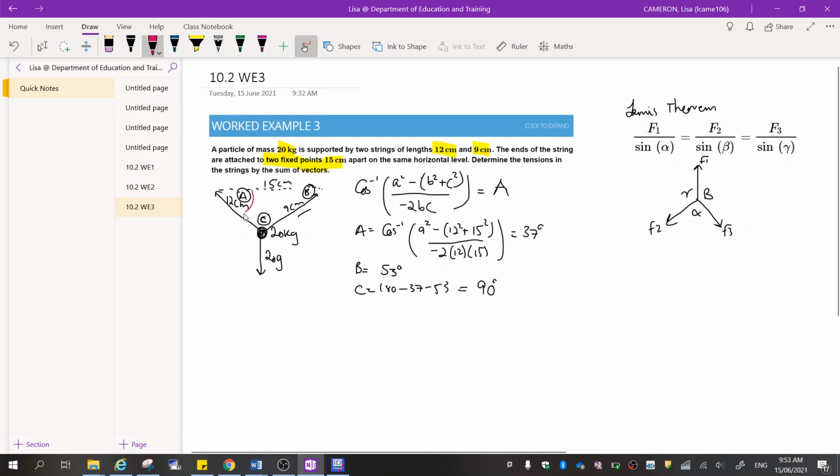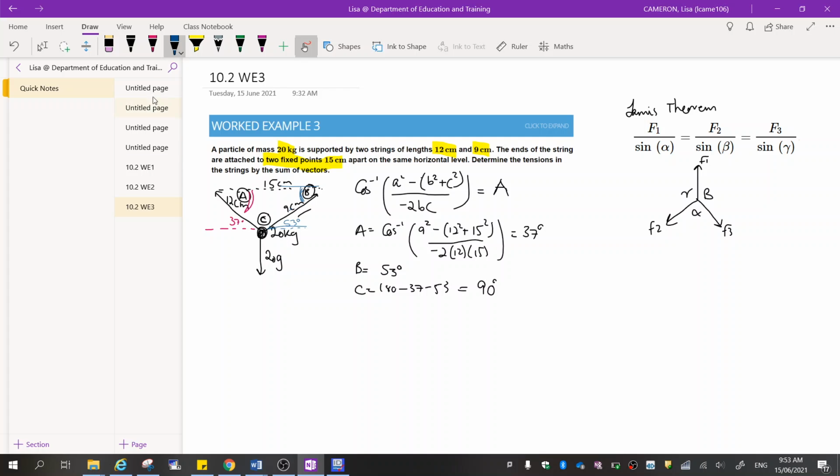So if this angle at A at the top here was 37 degrees, then that means the angle in here is also going to be 37 degrees. And if this angle here of B was 53 degrees, that means this angle in here is 53 degrees because they're acting as alternate angles on parallel lines.